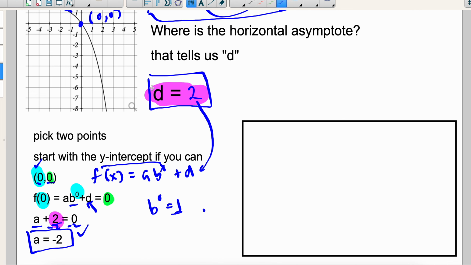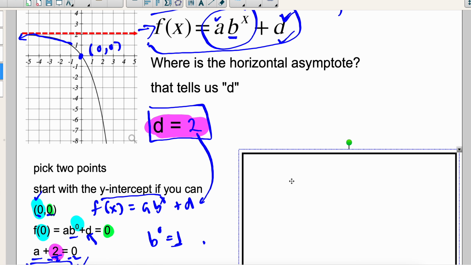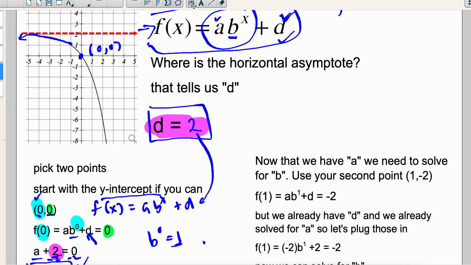So now I have d and I have a. I just need to solve for b. So what am I going to do? I'm going to take my second point. I'm going to look at the graph and see where is a nice point. I could take another point down here, but I'm going to take the one that has smaller numbers.